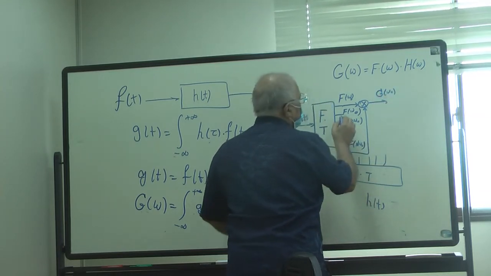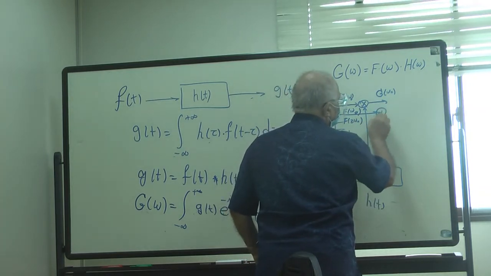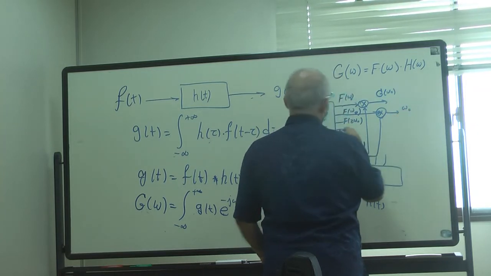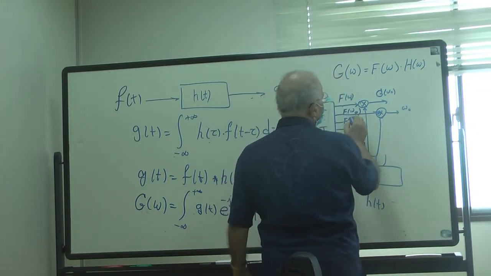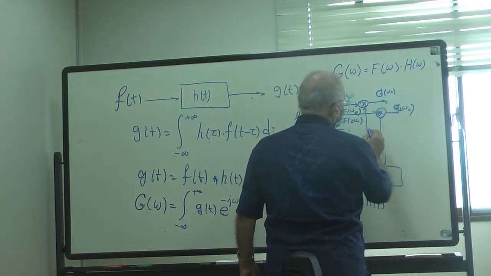And again the same, this one by this one gives G at 1 omega 0, 2 omega 0, and so on.